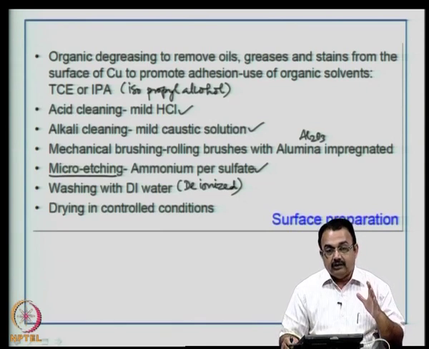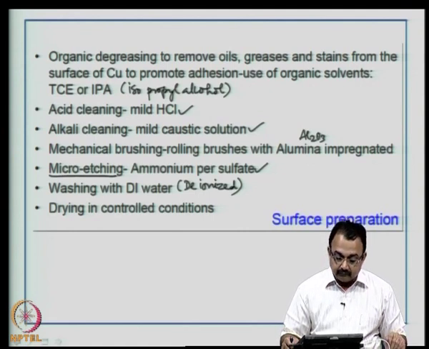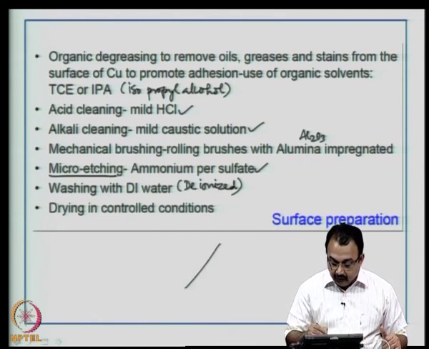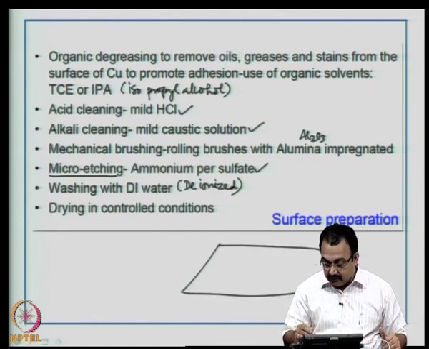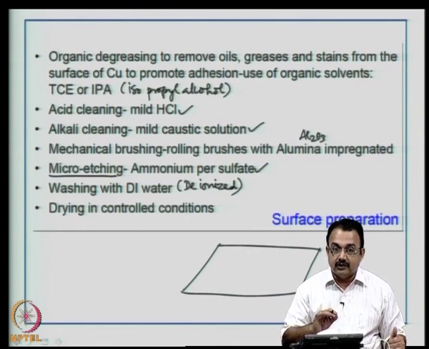So, these are the number of steps that you can probably do for keeping a copper clad laminate surface clean. So, you can use both chemical cleaning as well as mechanical cleaning. The need for making the copper clad surface rough: when you get the copper clad laminate from the manufacturer, generally the surface is very smooth.